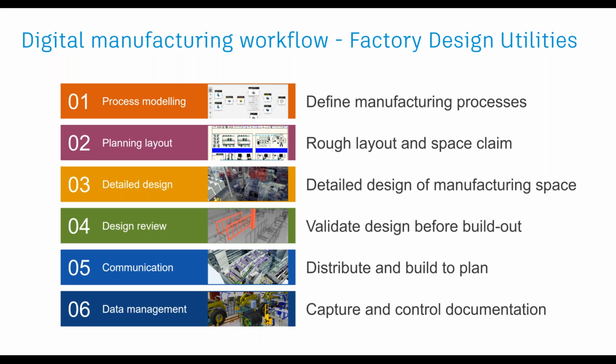So process definition is not just placing a few blocks in AutoCAD on a space given to you, but it's taking some important decisions about how you want to arrange your equipment. How do you define your process? What is the capacity of a machine that you want to use for a certain part of a process, and so on. Layout planning comes a little later.